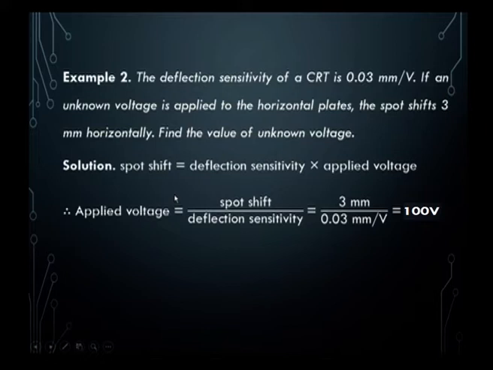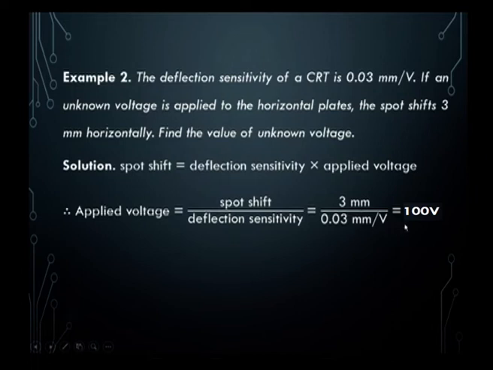We rearrange this formula like this: applied voltage is equal to spot shift divided by deflection sensitivity. Substituting the given values, the spot shift is 3 millimeter, and the deflection sensitivity is 0.03.